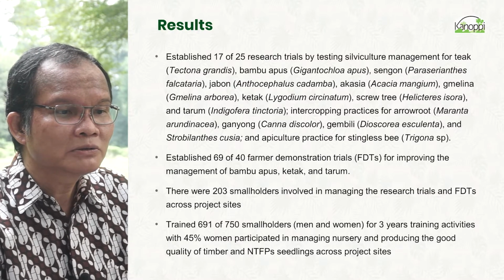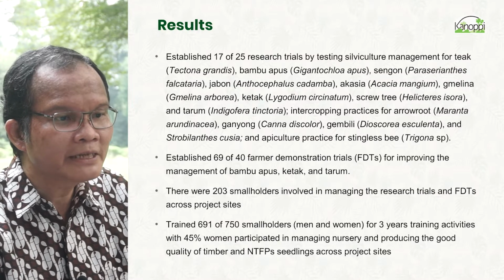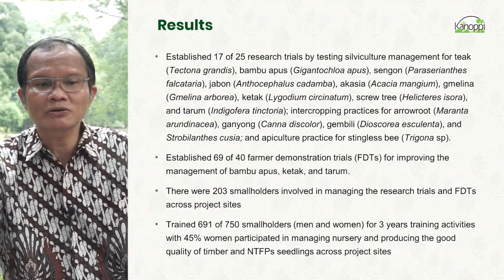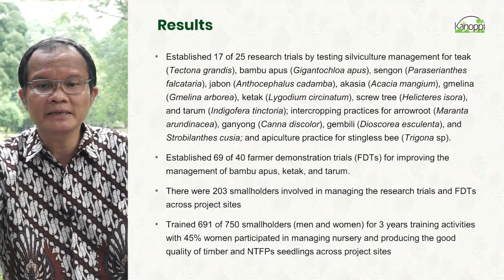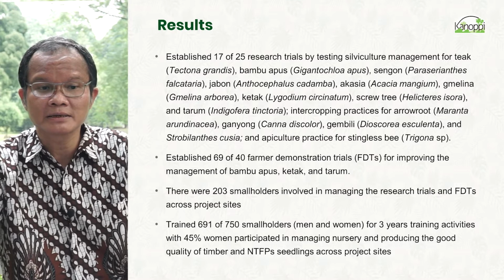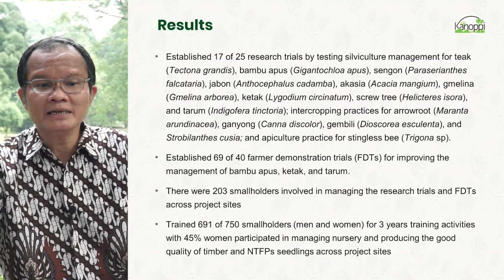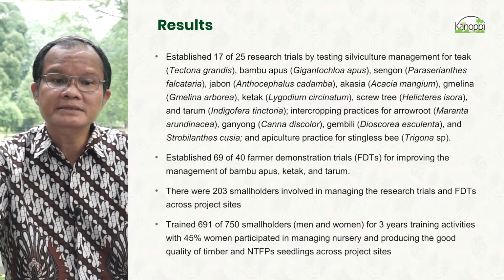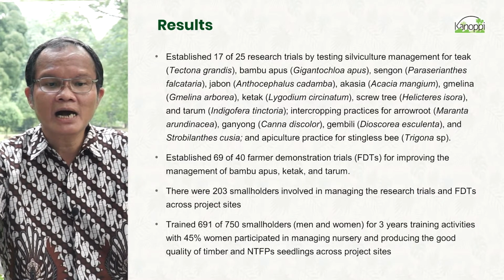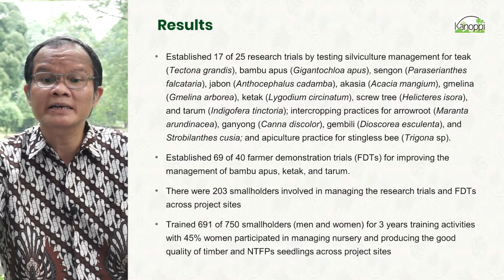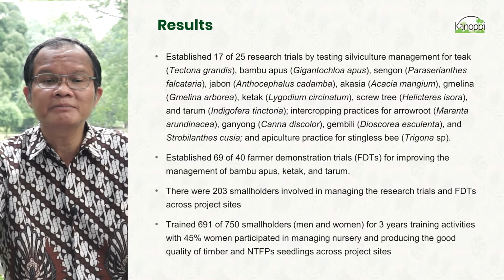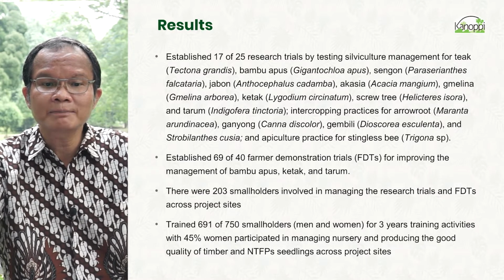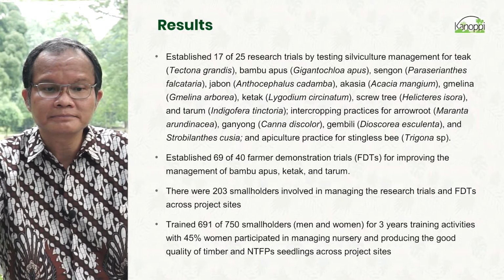We also did intercropping practices for arrowroot, ganyong, gembili, and strobilanthes fuchsia. We did agricultural practices for stingless bee. We established 69 out of 40 farmer demonstration trials for improving the management of bambu apus, ketak, and taru.